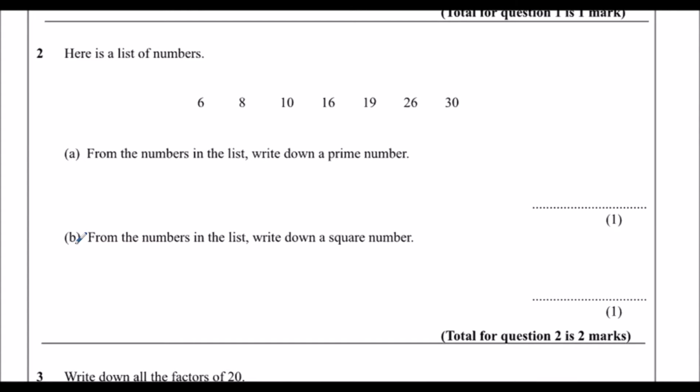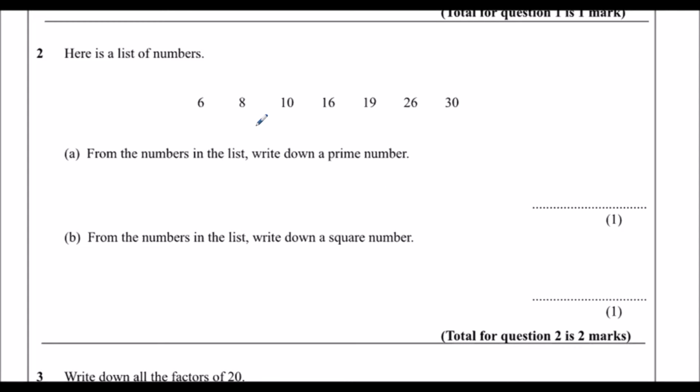Question 2. Here is a list of numbers, and from the numbers write down a prime number. A prime number is a number that can only be divided by 1 and itself, so it can't be in any times tables apart from the 1 times table and its own times table. So which of the numbers given are prime?